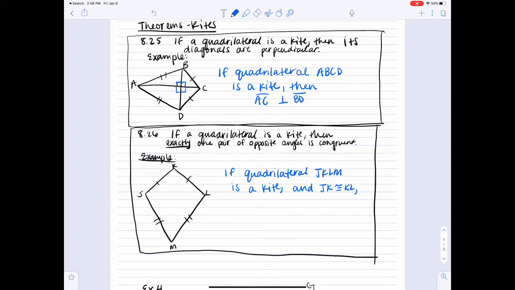so those top two are congruent to each other, then that means that angle J is congruent to angle L, so we're going to mark that.